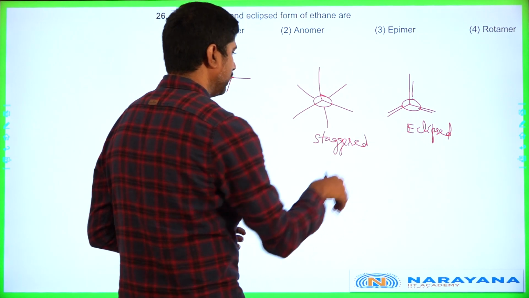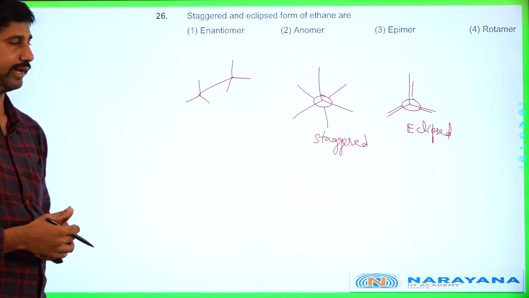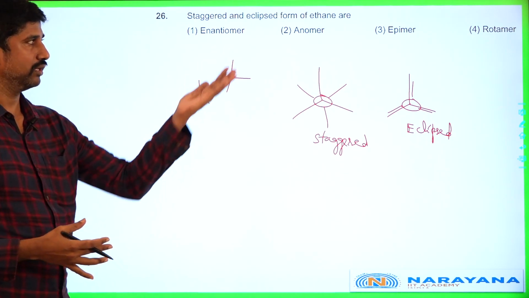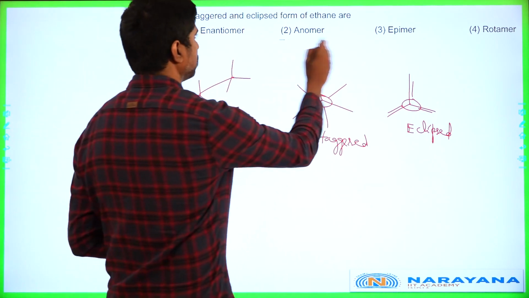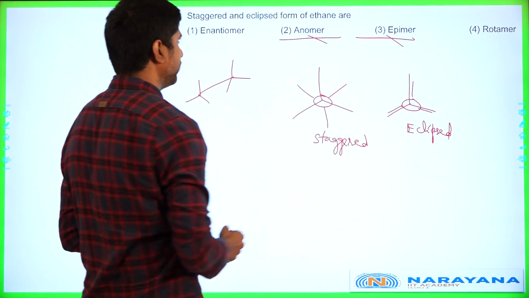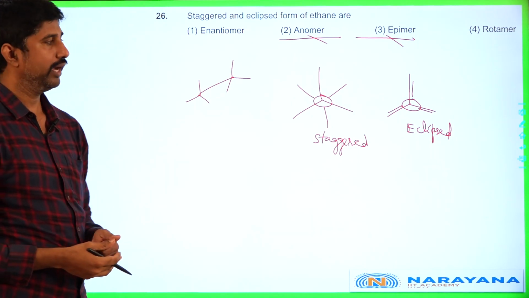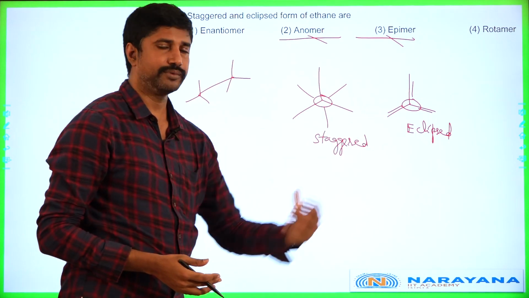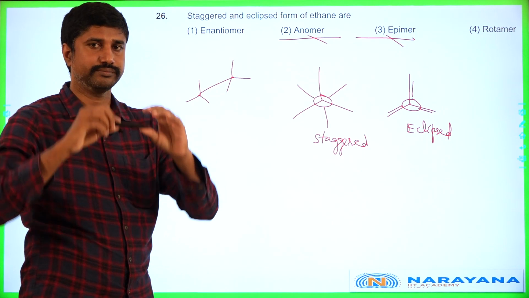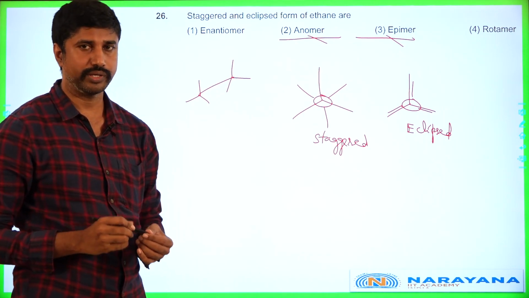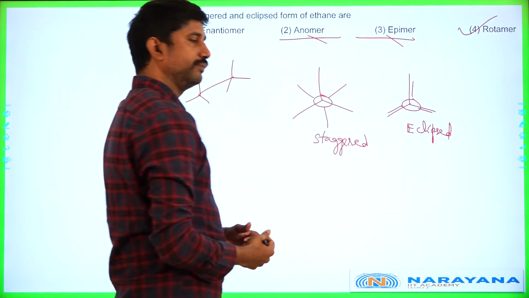Both staggered and eclipsed forms are nothing but rotational isomers, or simply rotamers. They are not anomers and not epimers. No enantiomers also, because they are not optically active. These staggered and eclipsed forms are obtained only by carbon to carbon sigma bond rotation. So those are said to be rotamers.